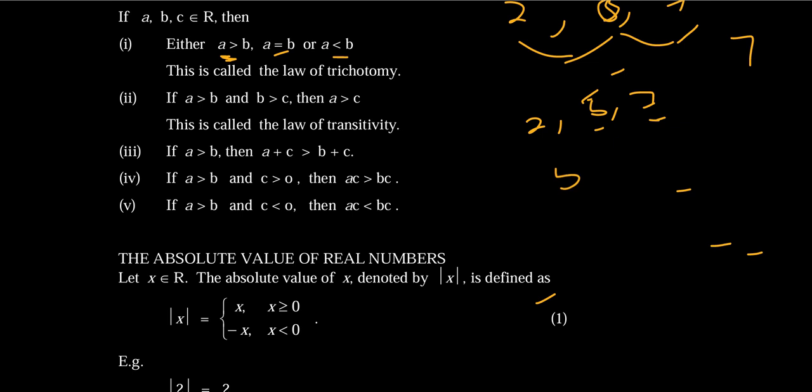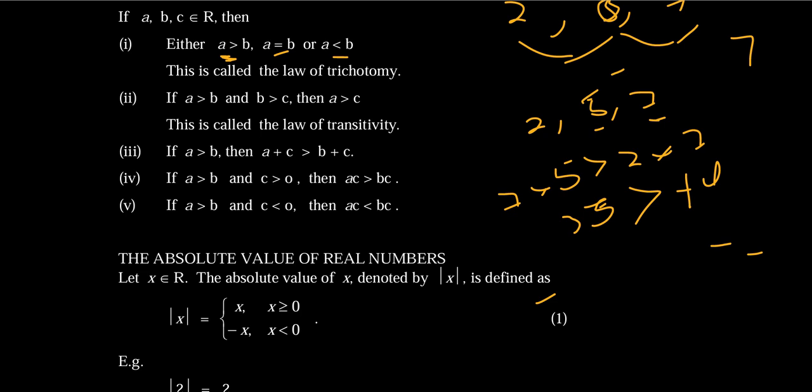Also, if we multiply through by 7, because 7 is greater than 0, you get 35, which will be greater than 14. And this will hold once you are doing it rightly.